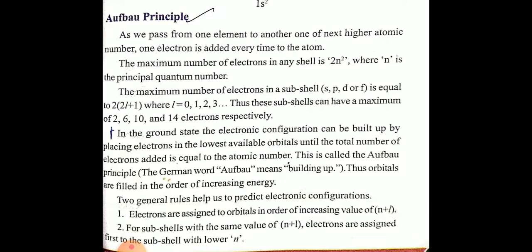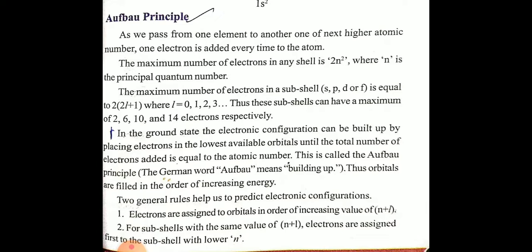Pauli's rule tells us that no two electrons in the same atom can have the same 4 quantum numbers. According to Pauli's principle, every orbital can have a maximum of 2 electrons.